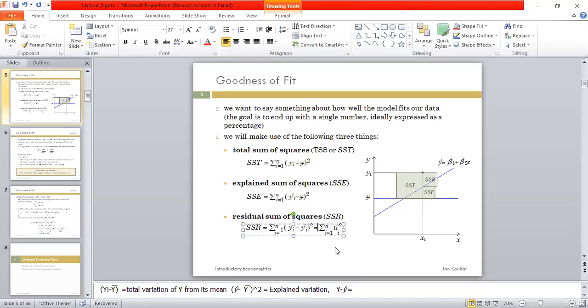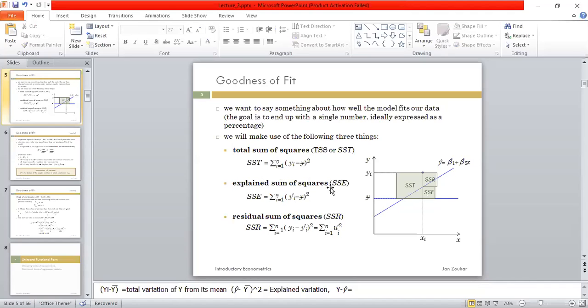So let's see if you have any questions. So you have three things here. Total is called total sum of squares. Depending on your sample size, you will have 30, 40, 50. This Y minus Y bar, you square them, you add all of them. That is one part. Another part is Y hat minus Y bar. You square them, you add them.